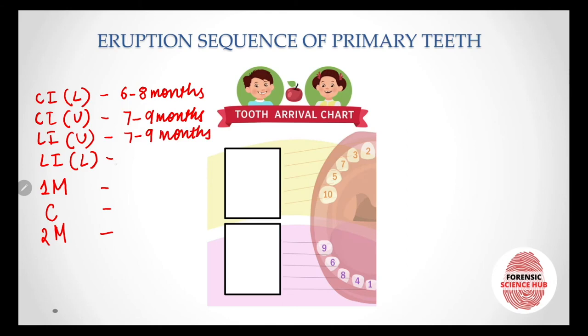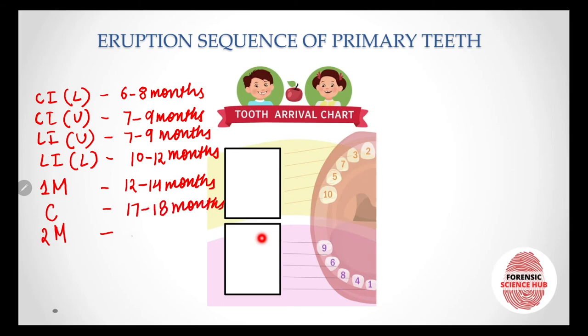Then the lateral incisor in the lower jaw comes in between 10 to 12 months. Then the first molar comes in between 12 to 14 months. The canines come in between 17 to 18 months.